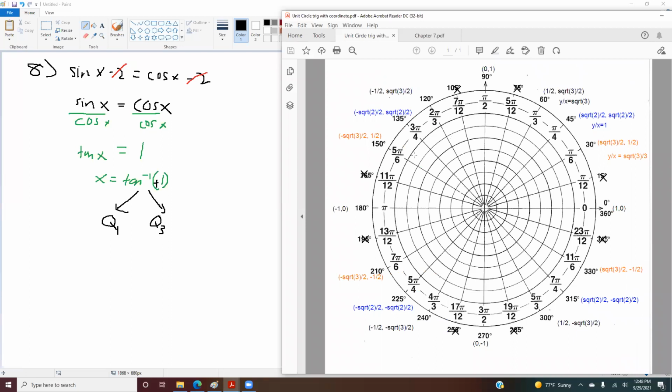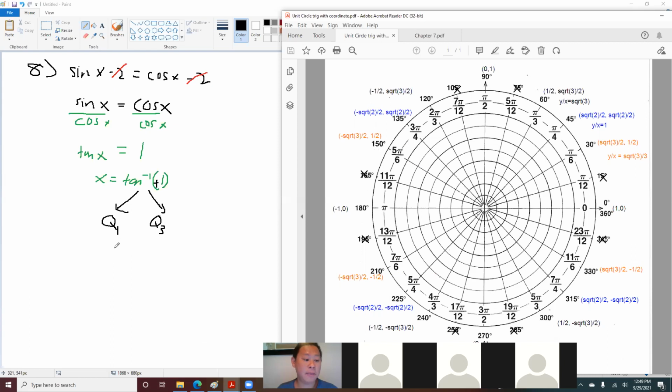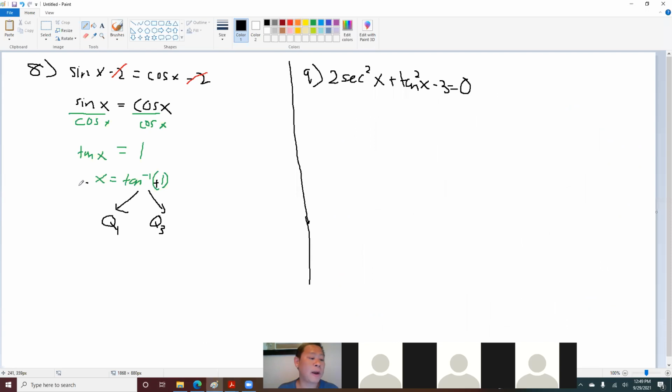Which one gives us 1? What angle is that? Pi over 4 and 5 pi over 4, because they're right across from each other. So your answer in this case will be x equals pi over 4 and 5 pi over 4.